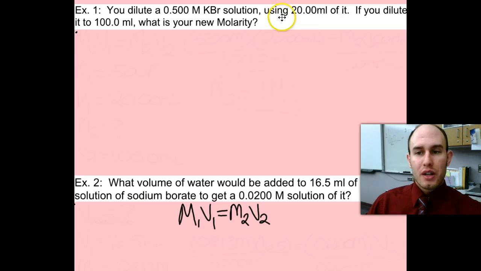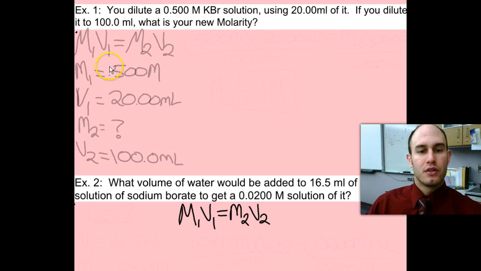If we use 20 mils of it, if you dilute it to 100 mils, what's your new molarity? So I have a beaker. It has 20 mils of it in there. I'm going to fill the beaker up to 100 mils total. And once I do that, I want to know what the new concentration is, what's the new molarity.